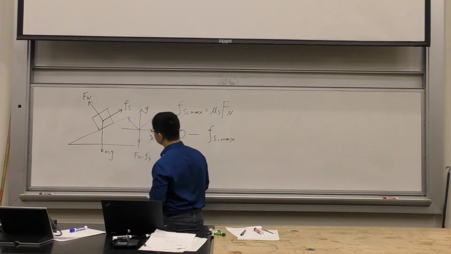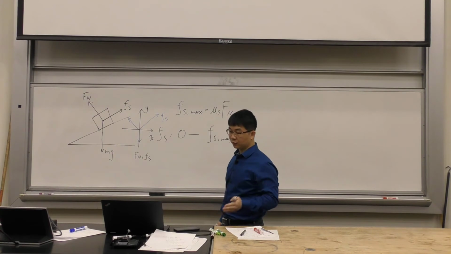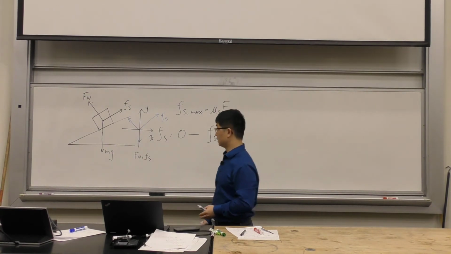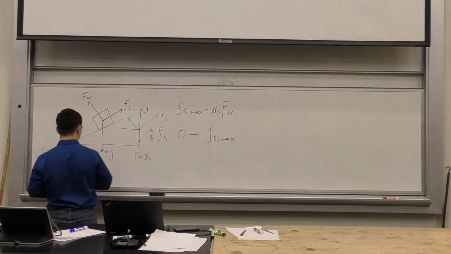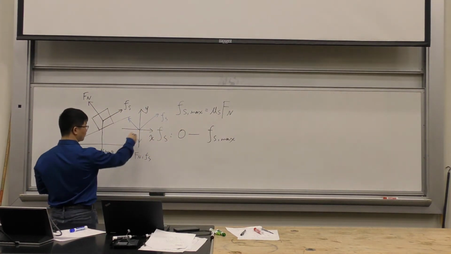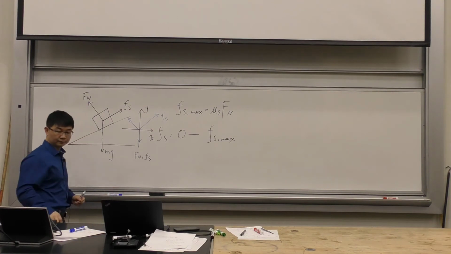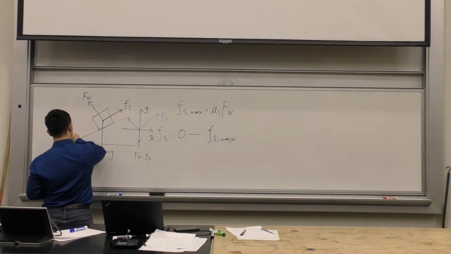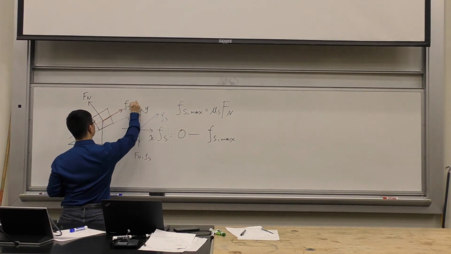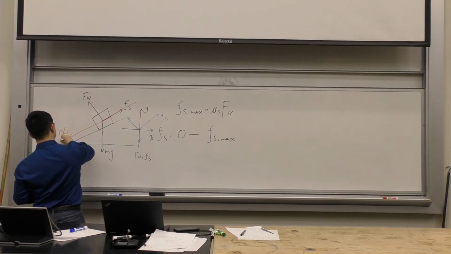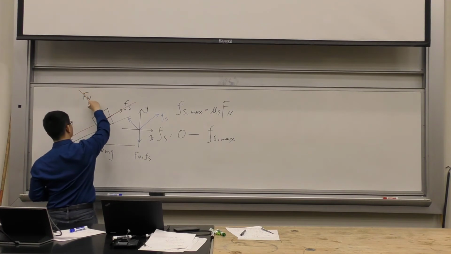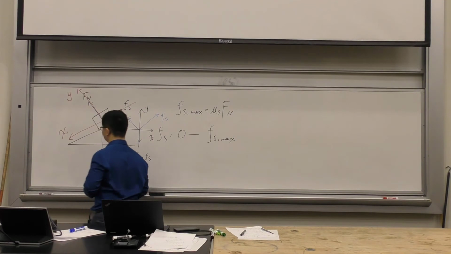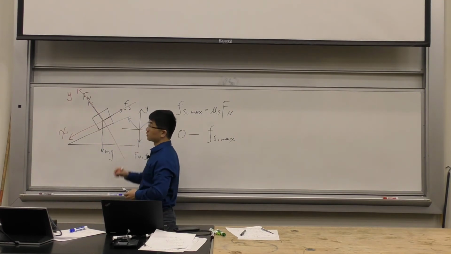But if you use parallel and perpendicular to the incline as the x and y, let's see how many forces you're going to break. So now I'm not going to use that as my coordinate system. I'm going to use a new coordinate system. I'm going to use this as my x and y.